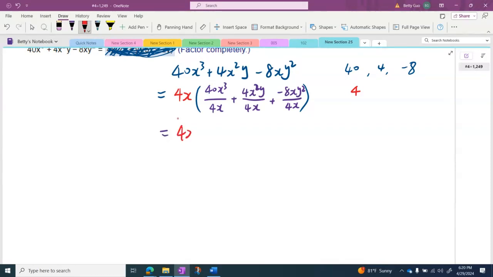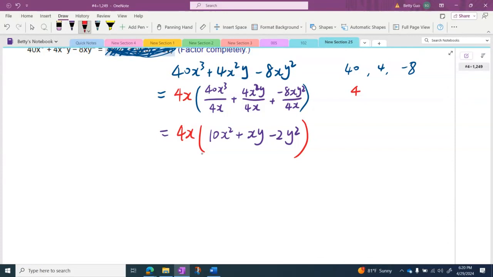We have 4x outside. In the parentheses, 40 over 4 is 10, x cubed over x is x squared. Plus 4 over 4, 4 cancels 4, x squared over x is x, we have a y on the top. And negative 8 over 4 is negative 2, x cancels x, y squared.